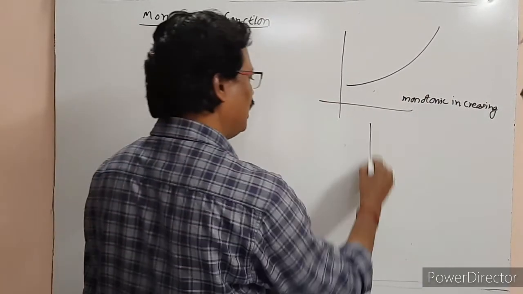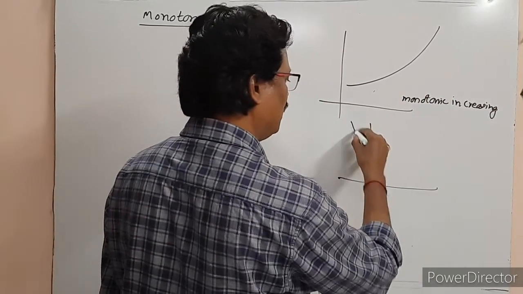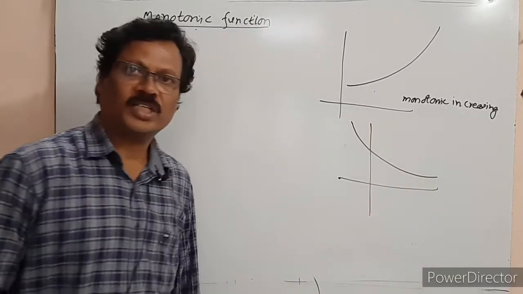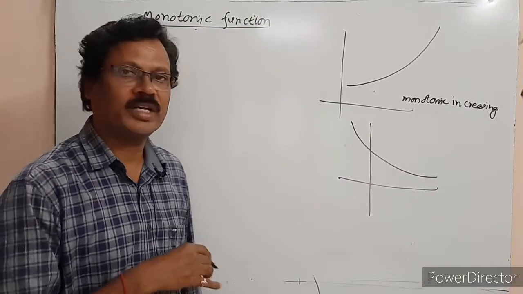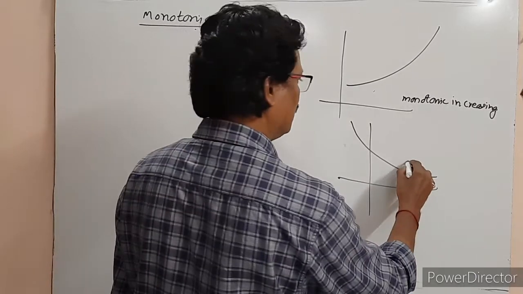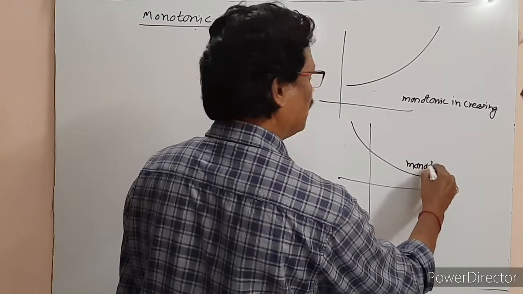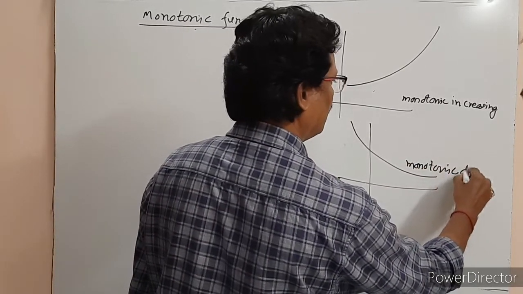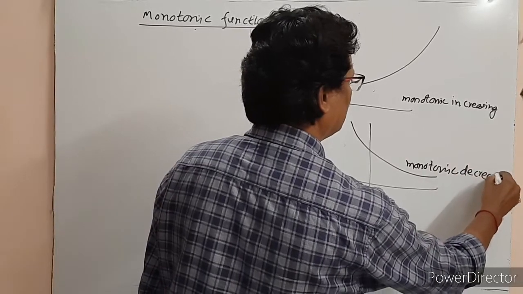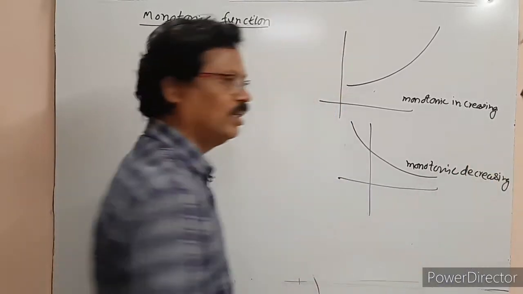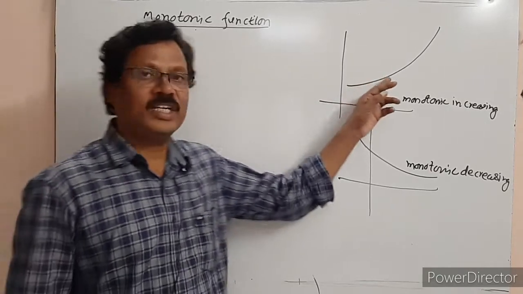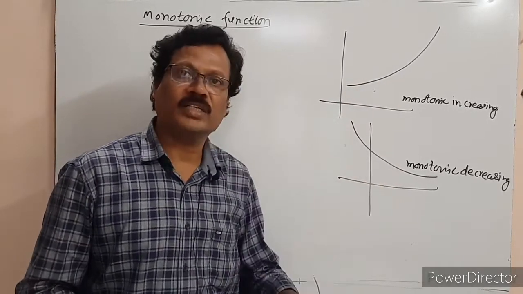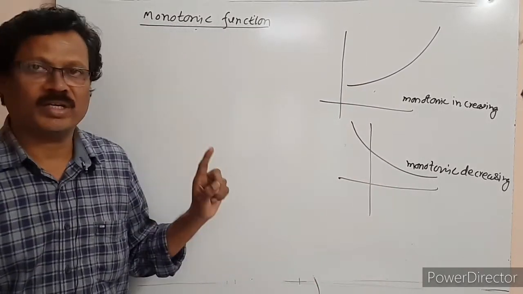And if you see another graph, this graph is strictly decreasing. Strictly decreasing is called a monotonic decreasing function.